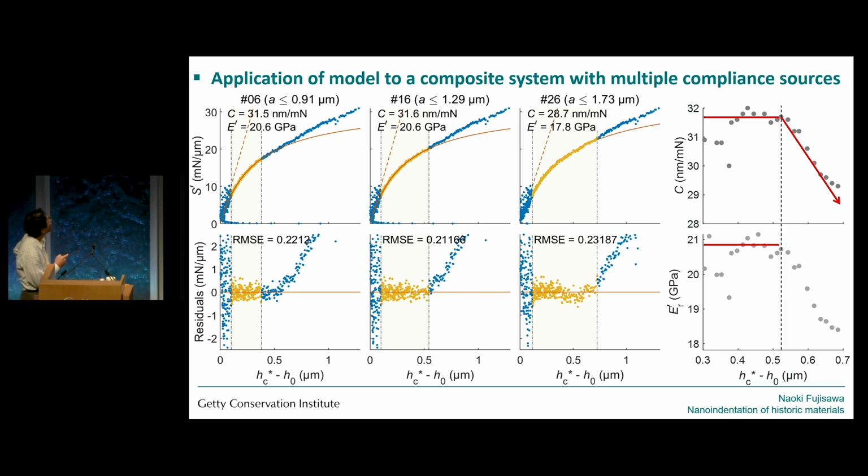What you have here is the stiffness versus contact depth of the same experiment that you just saw, but with the analysis range varied in 3 different ways. I'm fixing the beginning of the analysis range the same for the 3 cases. By the way, this initial region is excluded because of the surface effect, mainly the surface roughness effect.